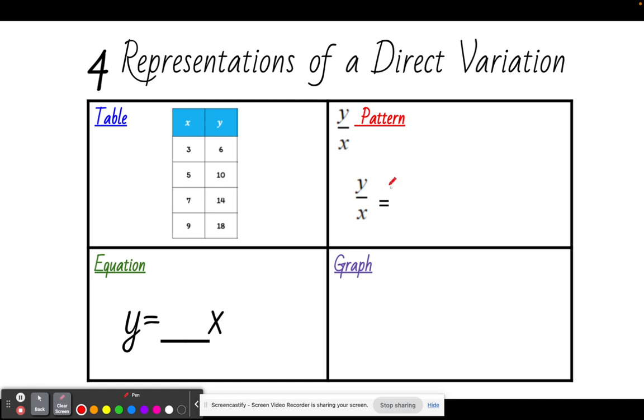I have 6 over 3, 10 over 5, 14 over 7, 18 over 9.